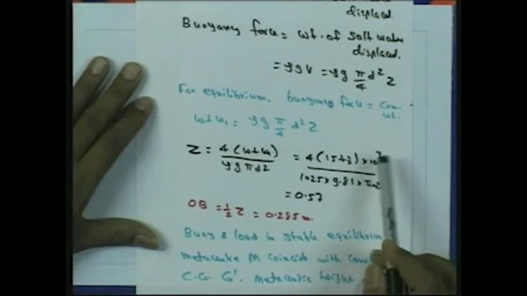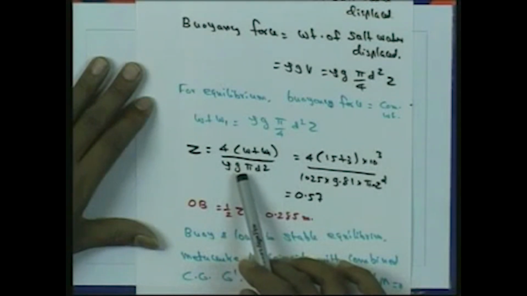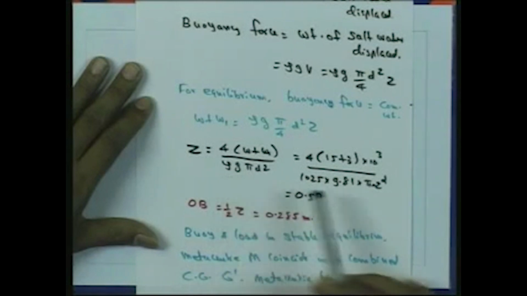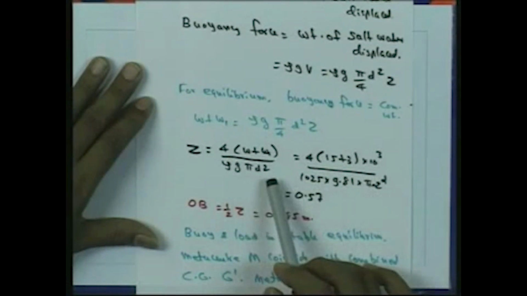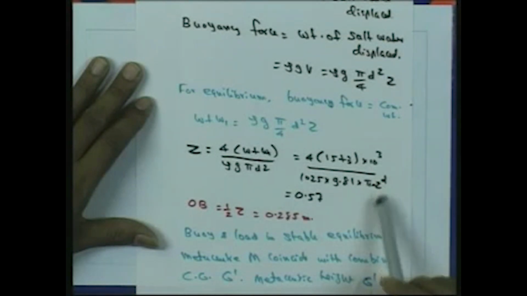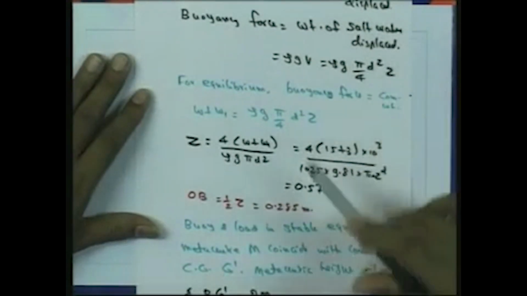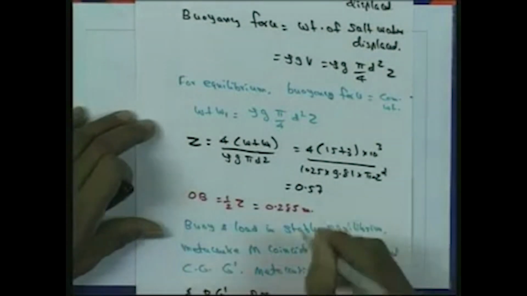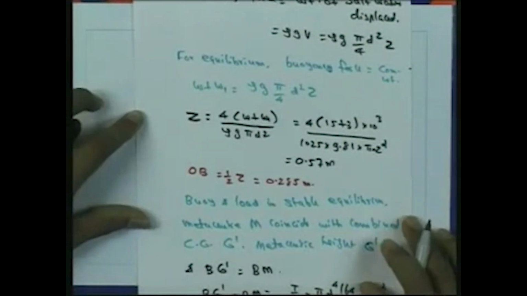We want the result in newton, so we multiply by 1000, divided by rho g, with the density of salt water 1025 into g 9.81, and pi d square, where 2 meter is the diameter of the buoy, so pi into 2 square. That gives Z as 0.57 meter. So, we get the depth of immersion of the buoy as 0.57 meter.